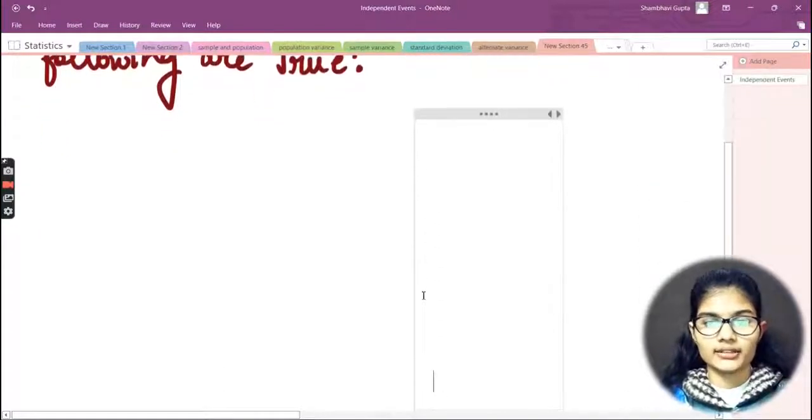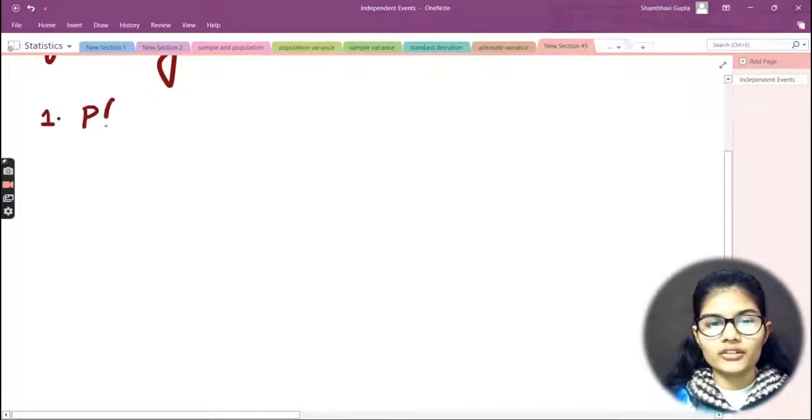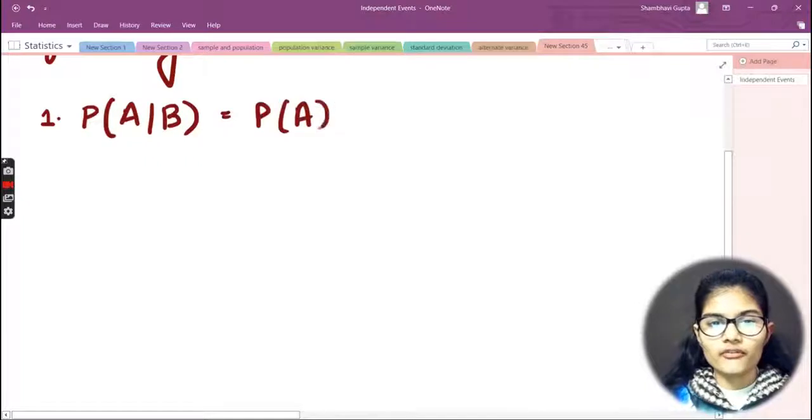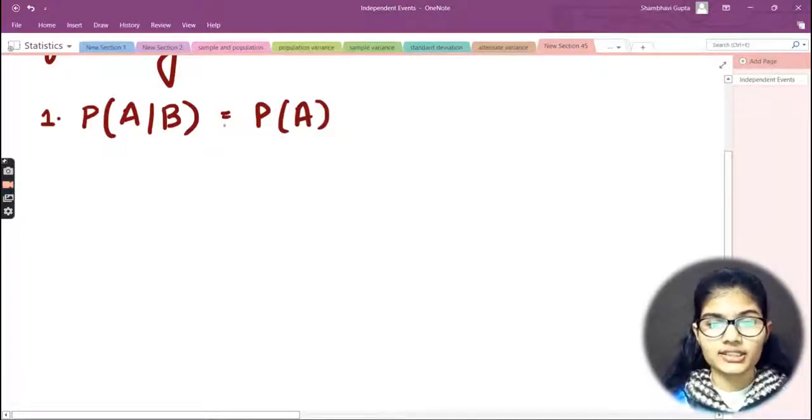Let me get down right here. The very first condition is that the probability of A given B is equal to the probability of A. This is the very first condition that has to be satisfied when checking whether the respective events are independent or not.